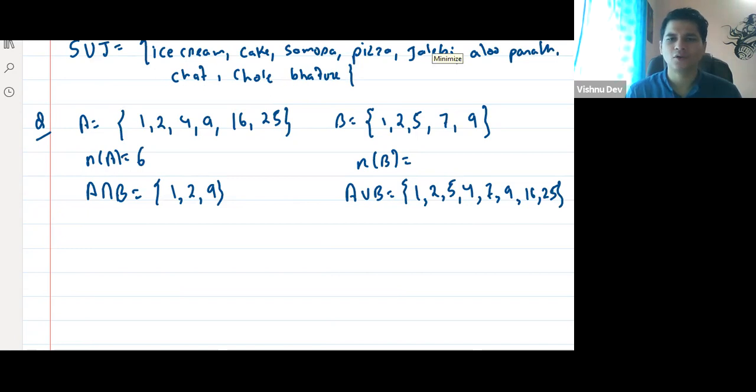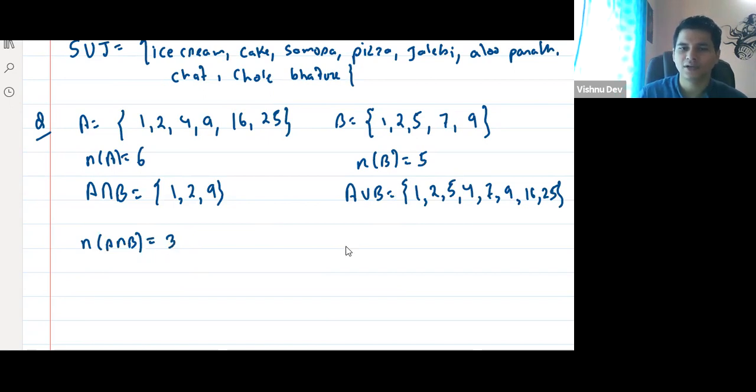You can write in any order, as we said yesterday, it doesn't matter. 5. Very good. So what is the number of elements of A intersection B? 3. Very good.